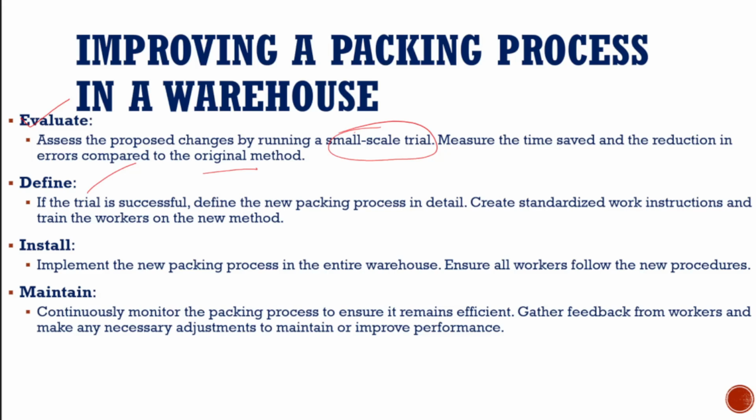Now, friends, the define part of the method study is a tremendously important job because creating standardized work instruction and training of the worker on the new method is involved.